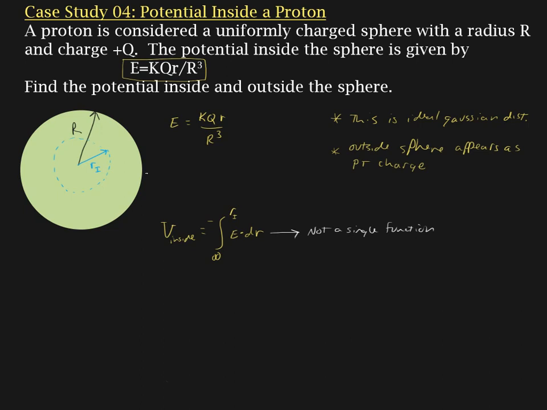But once you reach the surface at R, we now have this new field model. And so that means we're going to have to break this function up so that it's two functions. So the potential inside is going to be equal to the potential outside plus the potential inside.